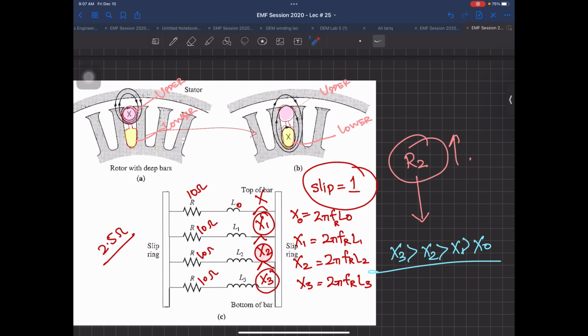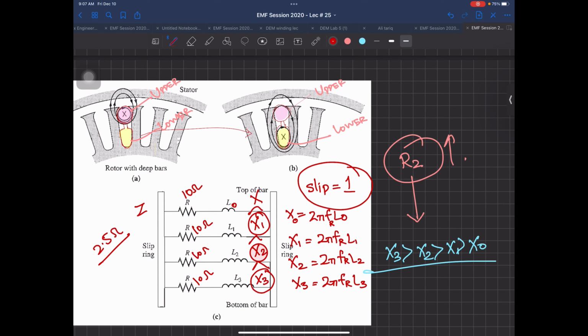So when you are going to calculate the impedance, let's call it Z0, Z1, Z2, Z3. What do we want? We want Z0 and Z1 to have a smaller resistance or impedance actually.